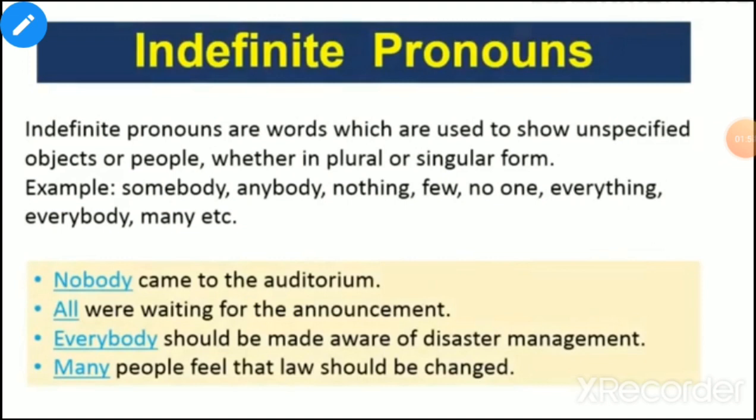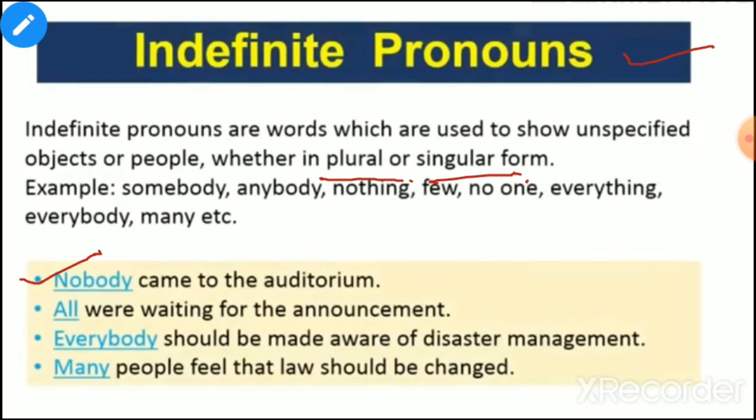Next type is indefinite pronouns. Indefinite pronouns are words which are used to show unspecified objects or people, whether in plural or singular form. Example, somebody, anybody, nothing, few, no one, everything, many, etc. Examples here: Nobody came to the auditorium.